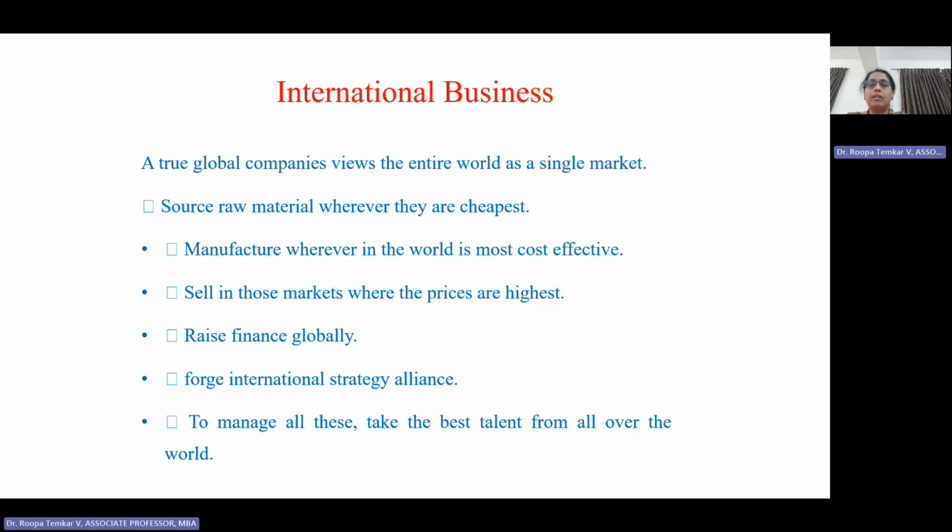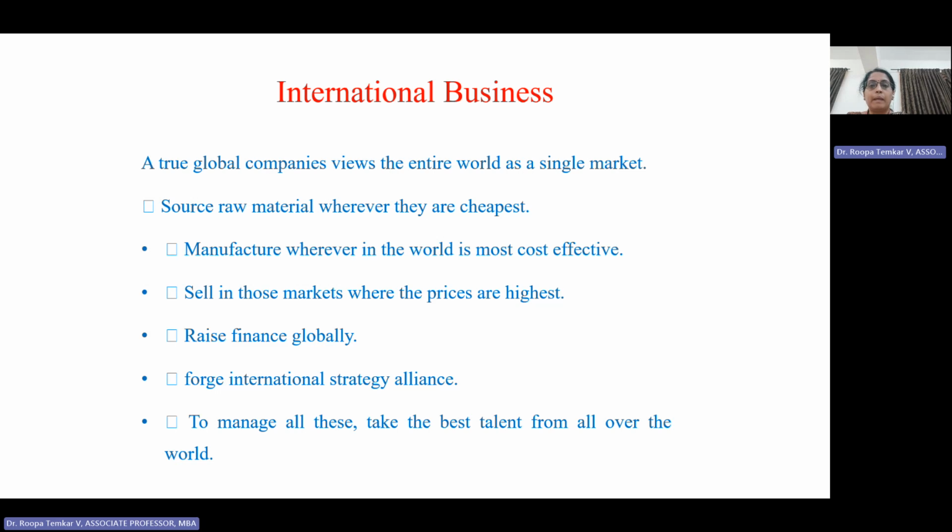So looking into all such concepts, we see the world as a single market, and there is even a provision to sell in those markets where the prices are highest, because you can produce wherever the sources are cheap, and you can sell wherever there is high demand or wherever you get more price.